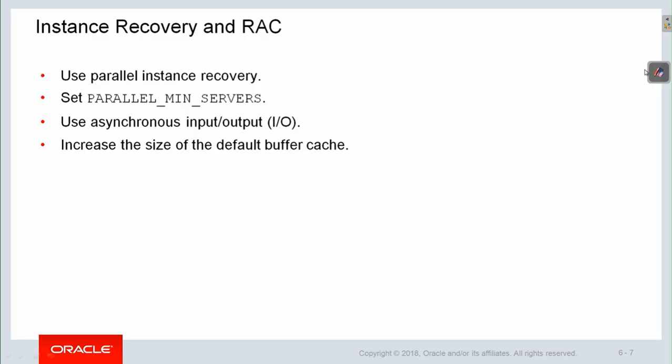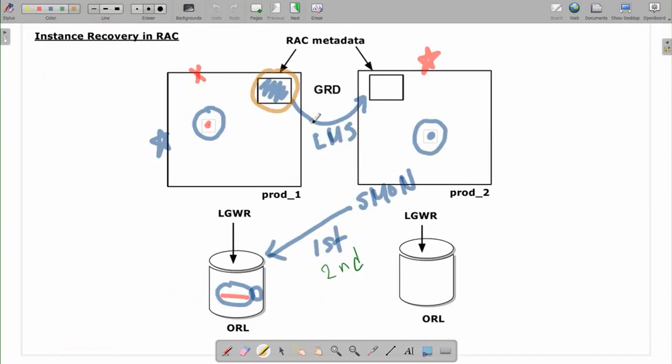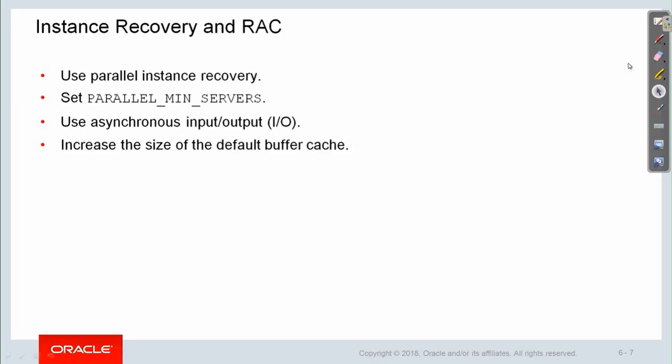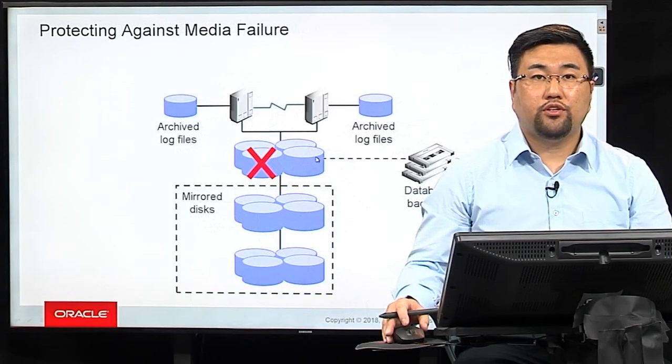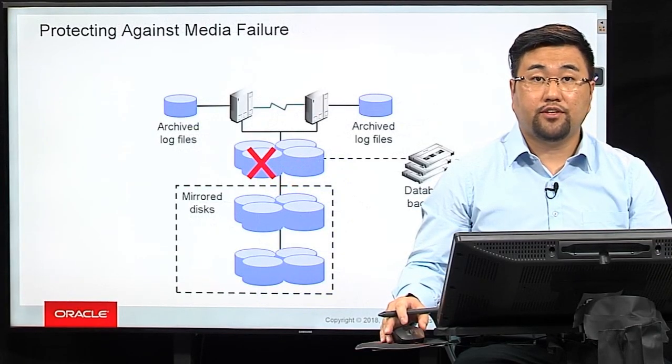During the instance recovery time, in the surviving instance, a large amount of memory space will be allocated as a maximum to recover blocks from the problem instance. So sometimes you get better instance recovery time by increasing the size of the default buffer cache. Okay, so this is the first part of this lesson. It was about the instance recovery concept.